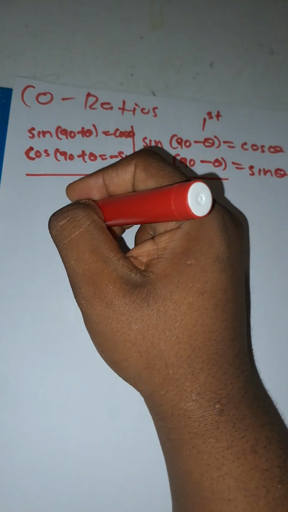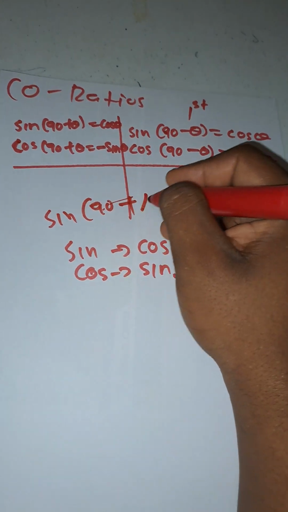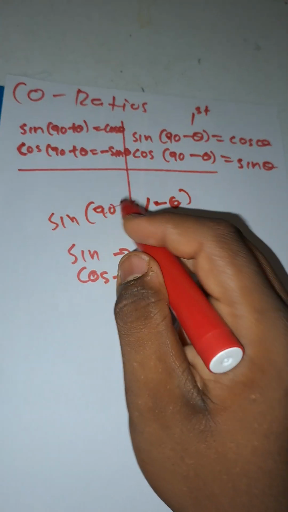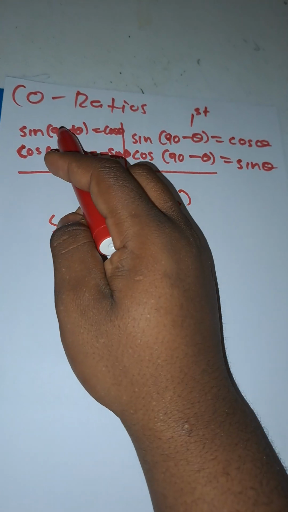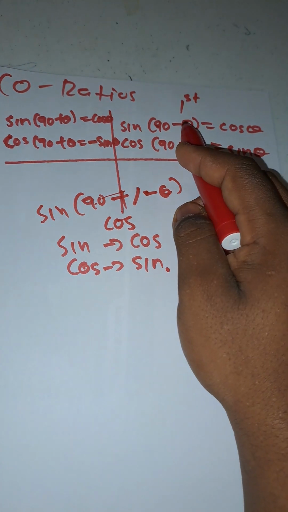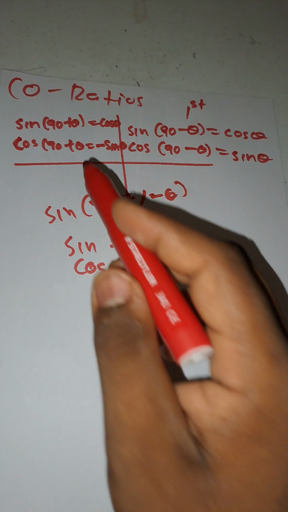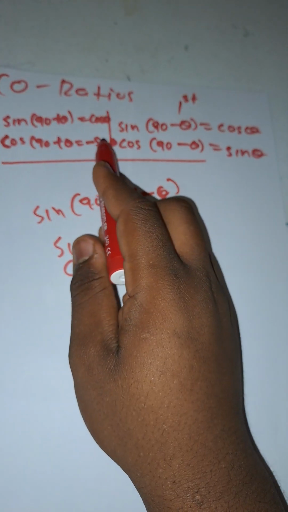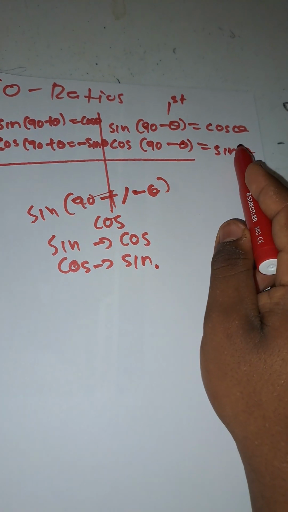So wherever you see sine, and then you see 90 and a plus or minus theta, you know it must change to cos. Sine 90 plus theta and sine 90 minus theta are always positive cos theta. But cos 90 plus theta is negative sine theta, and cos 90 minus theta is the only one for positive sine theta.